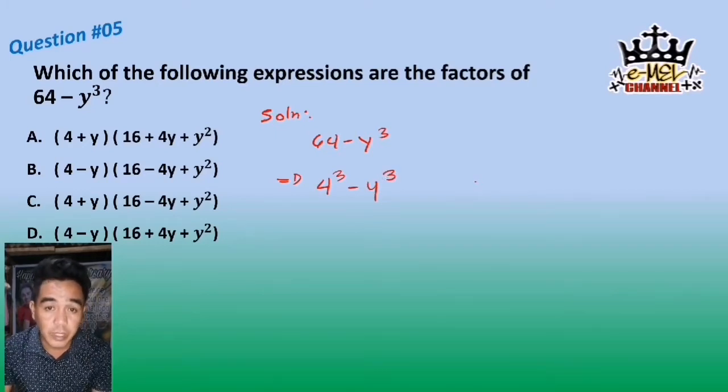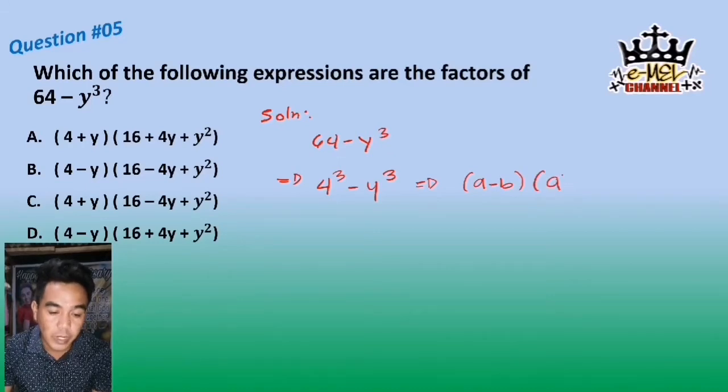Now looking back with the idea about this cube of binomial, we must express it in this picture as a minus b times a squared plus ab then plus b squared, if the first factor is negative.